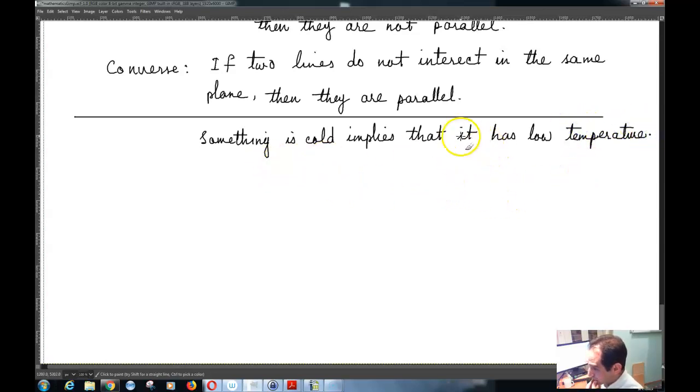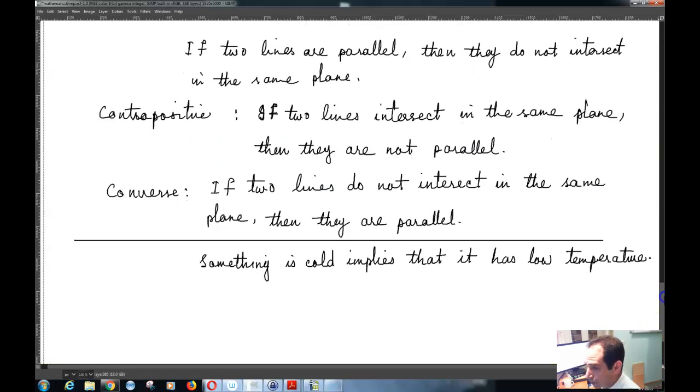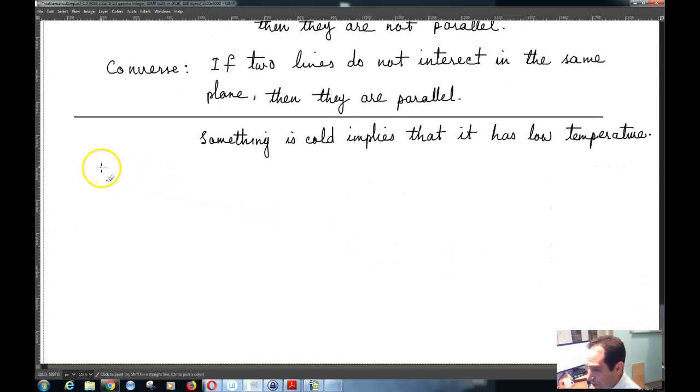So something is cold implies that it has low temperature. So then the contrapositive of this would be if something does not have low temperature, that implies that it is not cold. That's something like that.